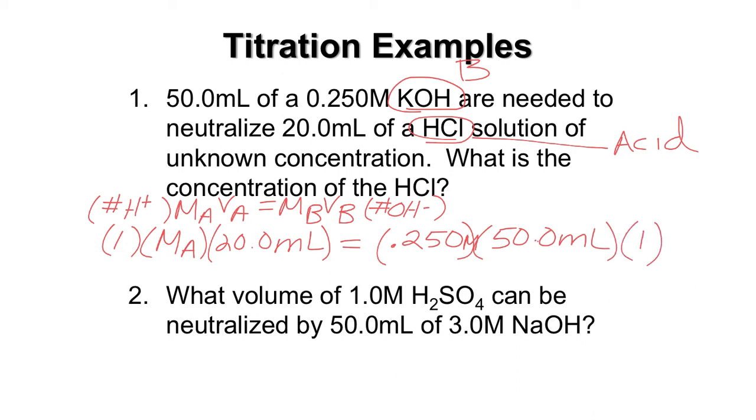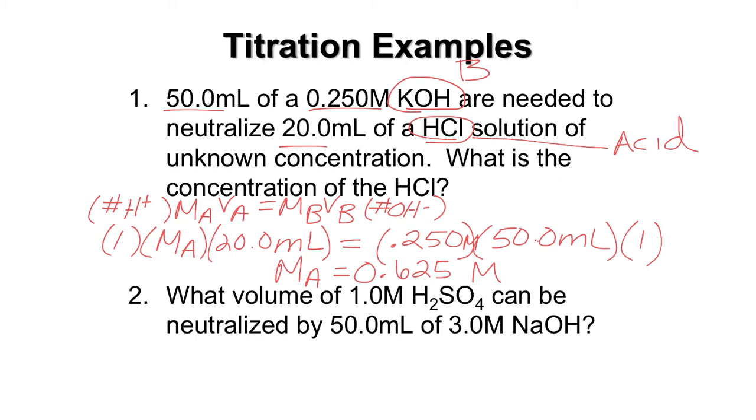So then we just plug that all into our calculator. So we do 0.25 times 50, divide that by 20, and we get 0.625 M, which is molarity. We need to check significant figures, three significant figures, so we are good with our answer.